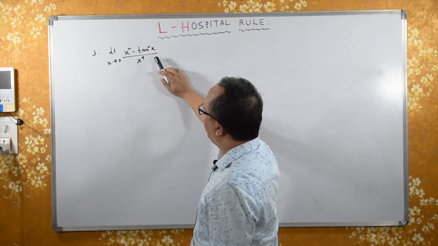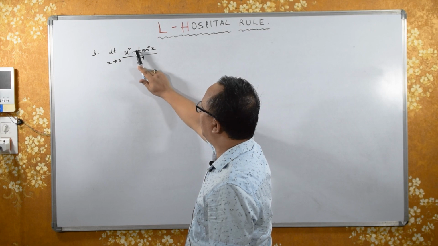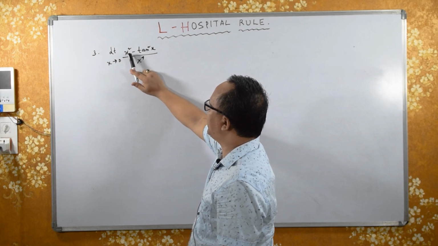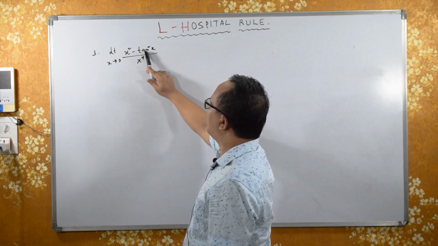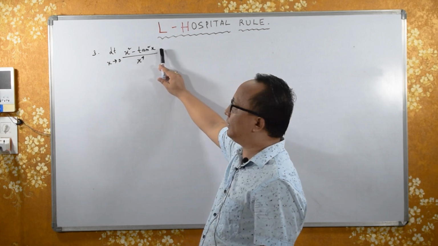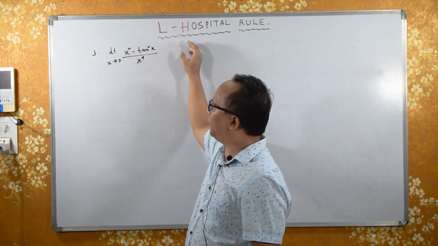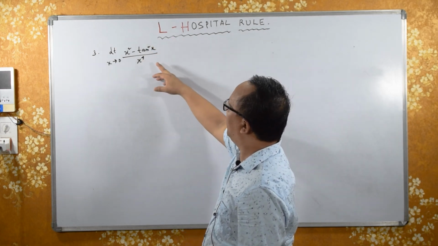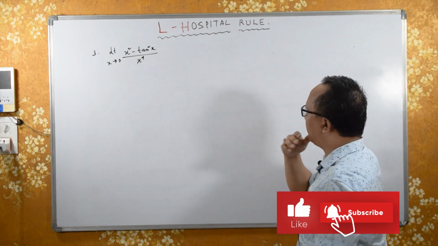But if I differentiate this numerator, I will get twice x minus 2 tan x into the differentiation of tan x, which is sec squared x. So I am getting more trigonometric terms over here. If I differentiate up to 4 times, it will be more complicated. So let's think of some other way.